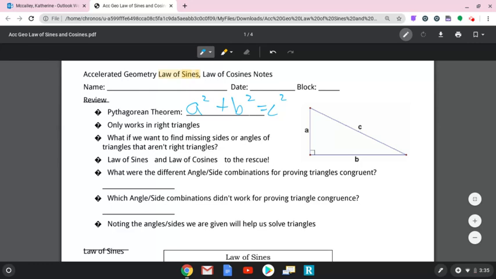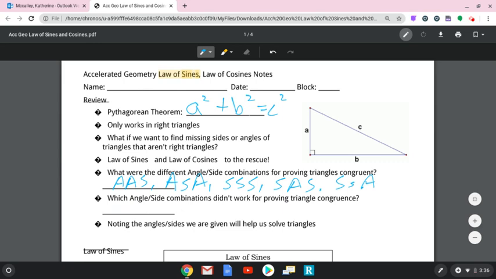So what were the different side angle combinations for proving triangles congruent? If we think about that, we had angle, angle, side. We had angle, side, angle. We had side, side, side. We had side, angle, side. And then we also had, if we remember, side, little side, angle, where your angle was obtuse.